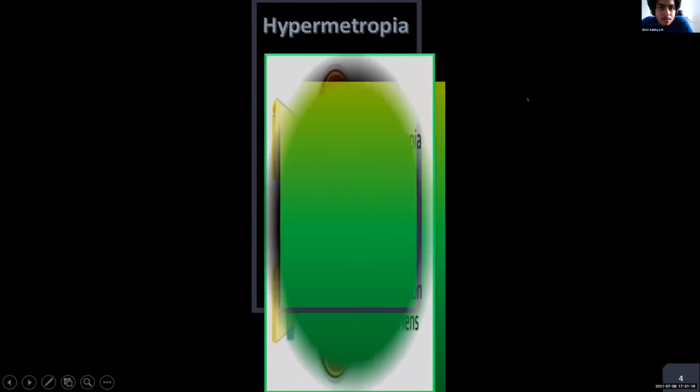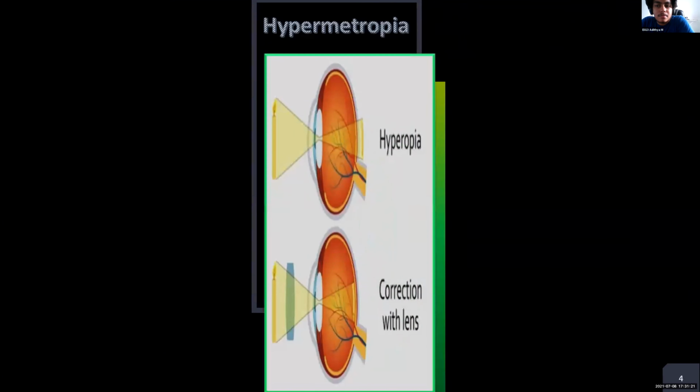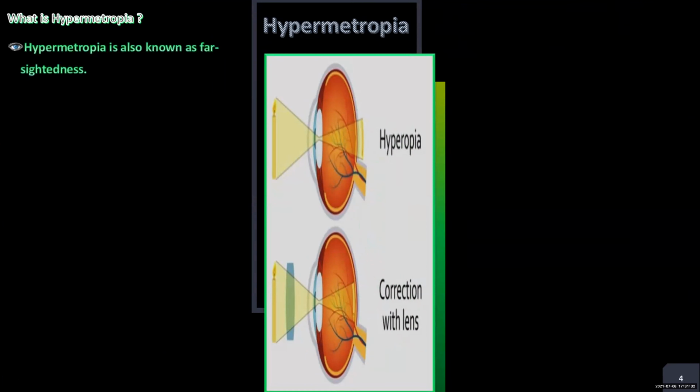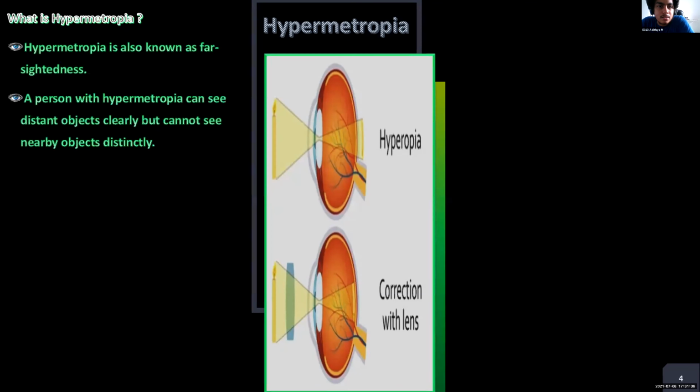Now we are going to look at hypermetropia. Again, what is hypermetropia in simple words? Long sight. Yeah, it's long sight or farsightedness.